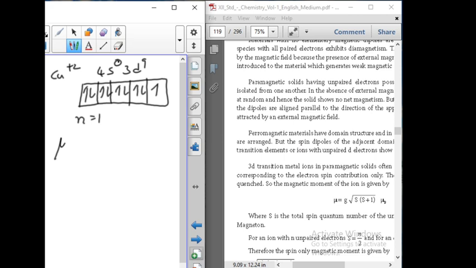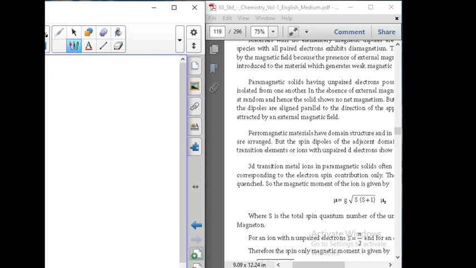You can substitute in our magnetic moment formula, root of n into n plus 2. So 1 into 1 plus 2 is root 3, and the root 3 value we already know is 1.732. So 1.732 Bohr magnetons.